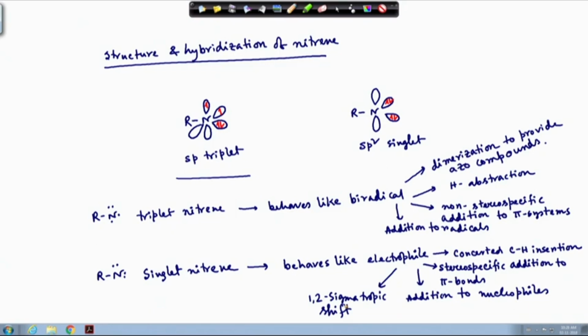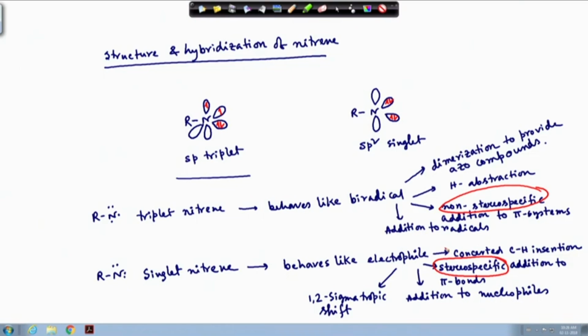Triplet nitrenes behave like a biradical and give reactions like dimerization, hydrogen abstraction, non-stereospecific addition and addition to radicals, whereas singlet nitrenes give stereospecific additions, similar to a carbene.